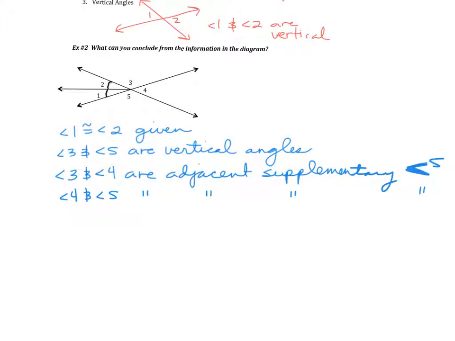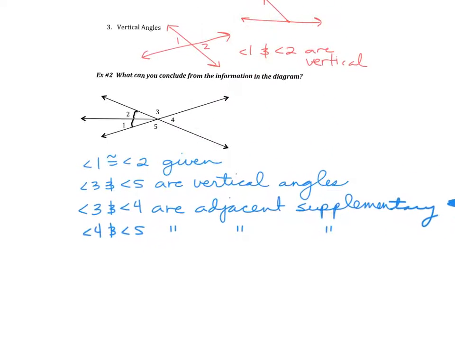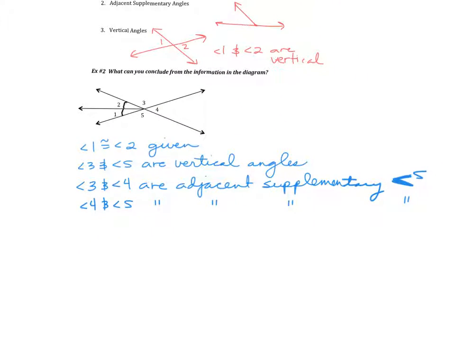What was the first thing you're allowed to assume? I think it was the first thing anyway. You're allowed to assume, just looking at a picture, say angles are adjacent, right? So right now I can say angle 1 and angle 2 are adjacent.